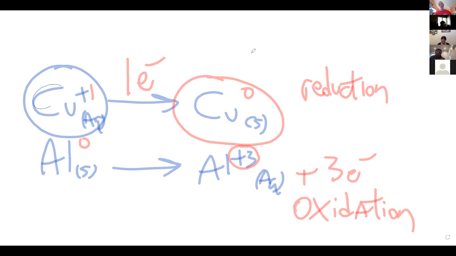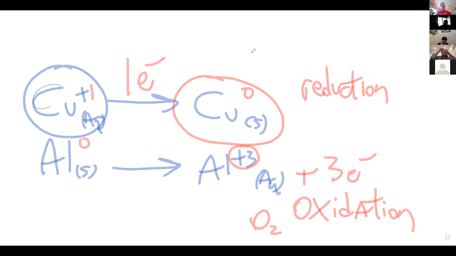And the reason we call it that is that a lot of the time it's done by oxygen, because oxygen likes nothing better than taking electrons from other atoms. So the copper was reduced from +1 to 0, and the aluminum was oxidized from 0 to +3.